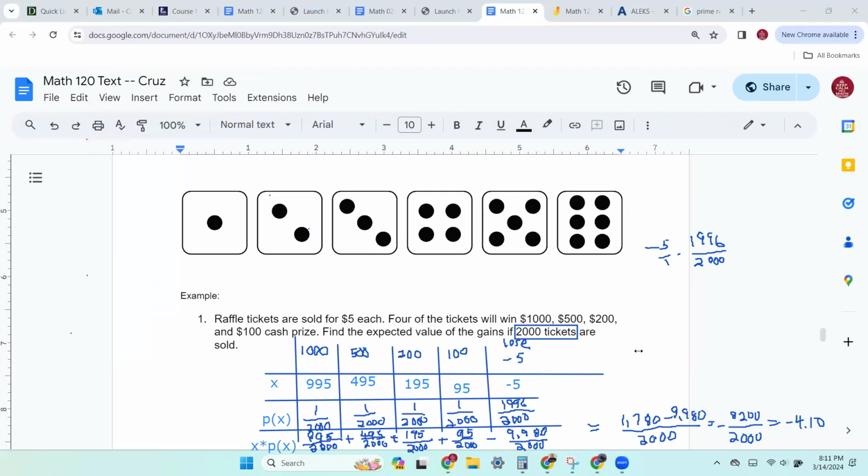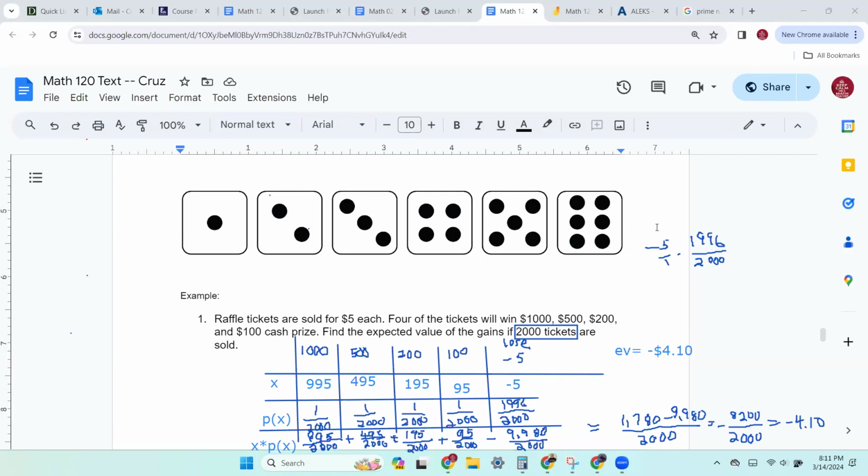I'm just going to write up here, expected value, EV, is equal to negative $4.10. Now, what does that mean?